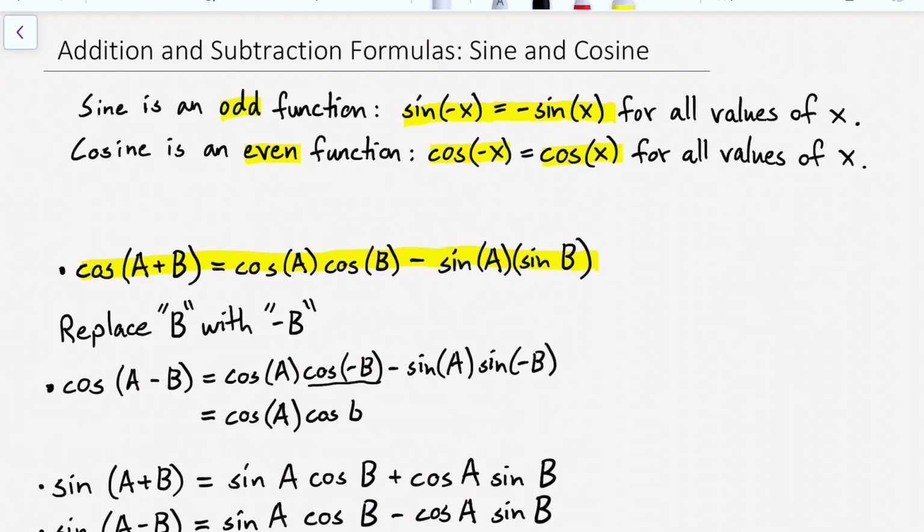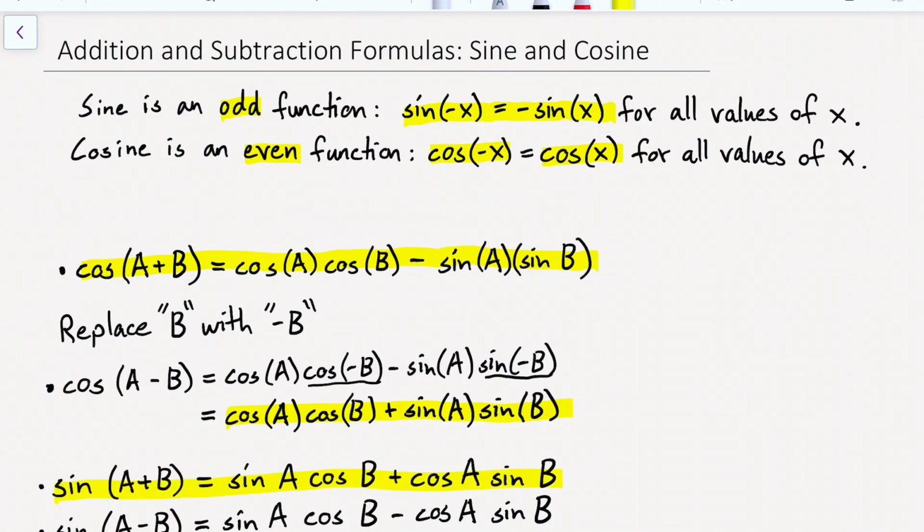So I could write this simply as cosine a cosine b, and sine of negative b is the negative of sine of b. So if I take the negative of a negative value, I'm going to get an addition sign here, and I can say plus sine of a sine of b. This is the simplest identity we have for cosine of a minus b, derived from the addition formula.